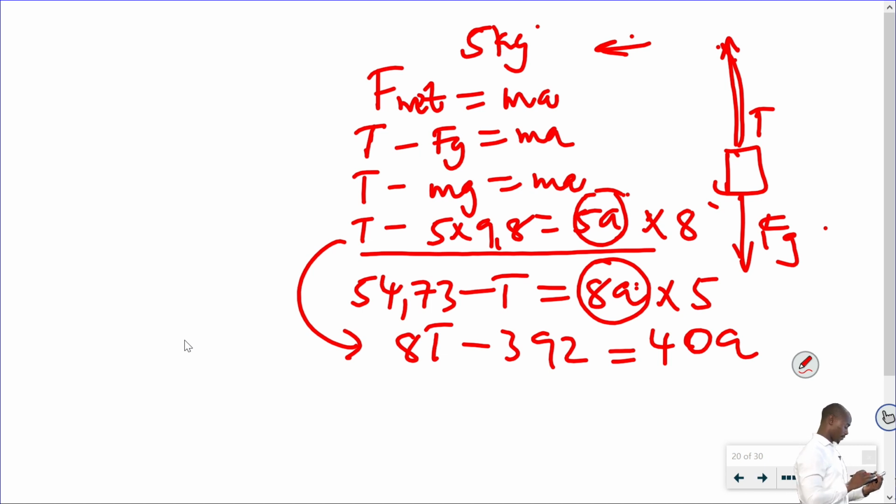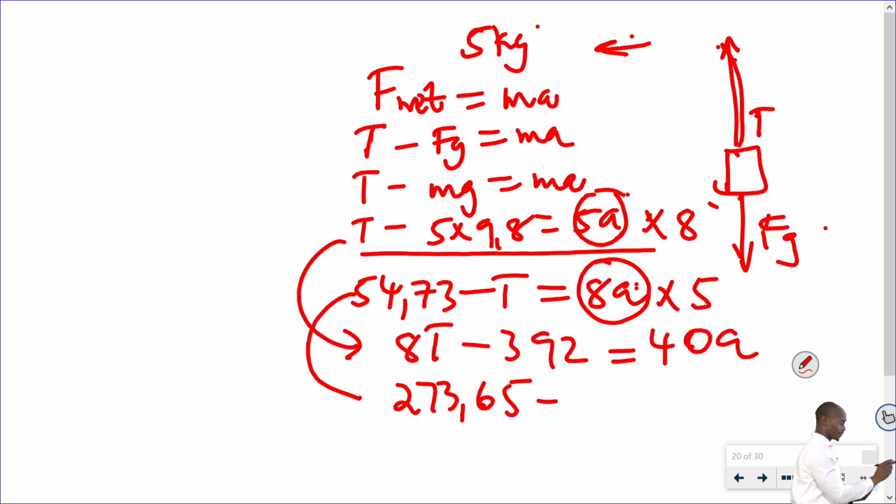The answer is 273.65 minus 5t, because I'm multiplying everything by 5, equals 40a.